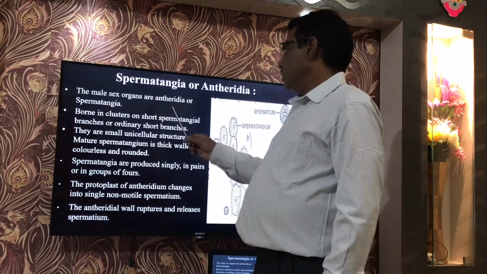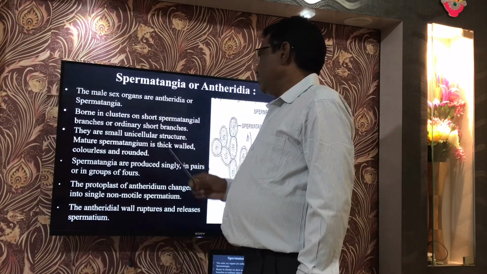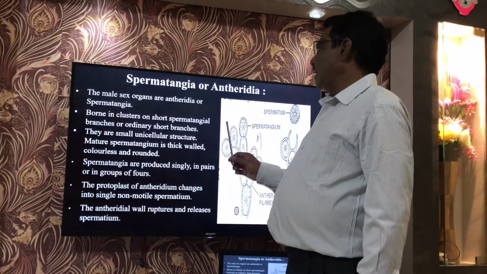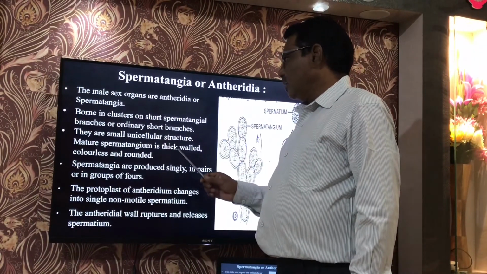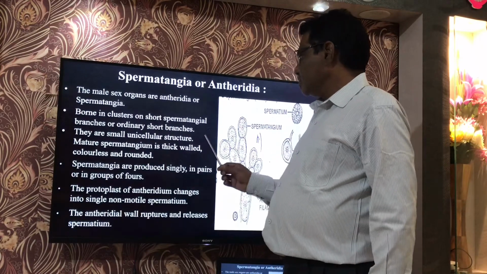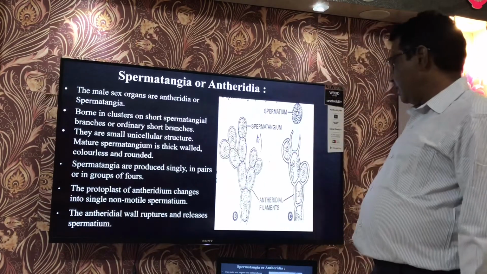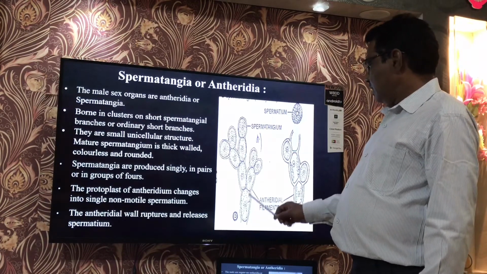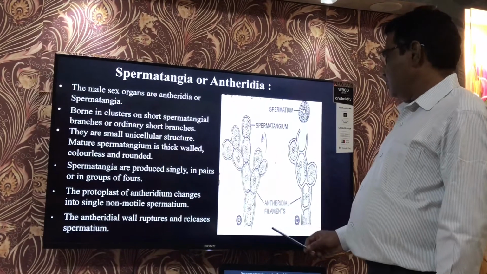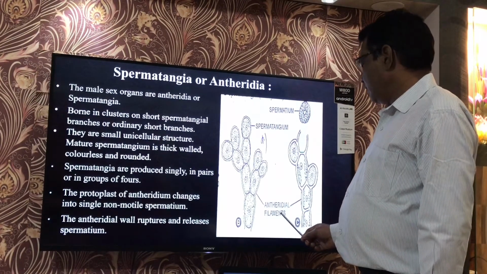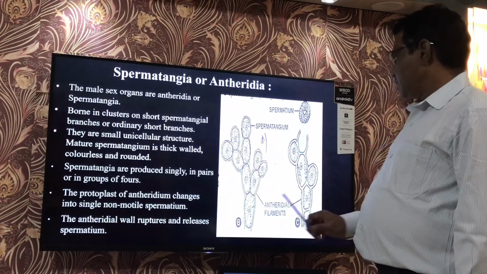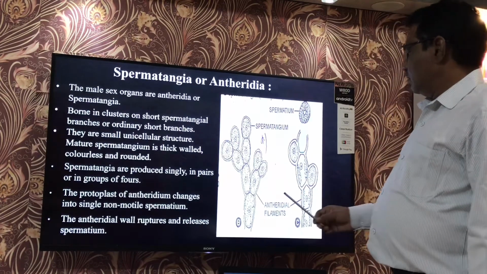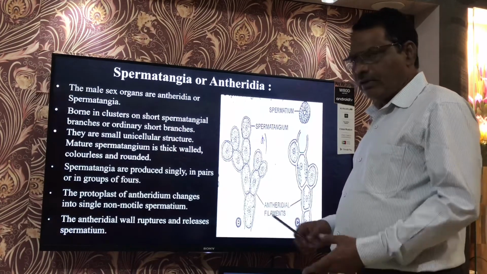The male sex organ is an antheridium or spermatangium, and these antheridia or spermatangia are usually borne in clusters on short spermatangial branches. If you observe here, this is a specialized branch which is called either antheridial filament or spermatangial branch, and it is always produced at the node where you can have a glomerule.